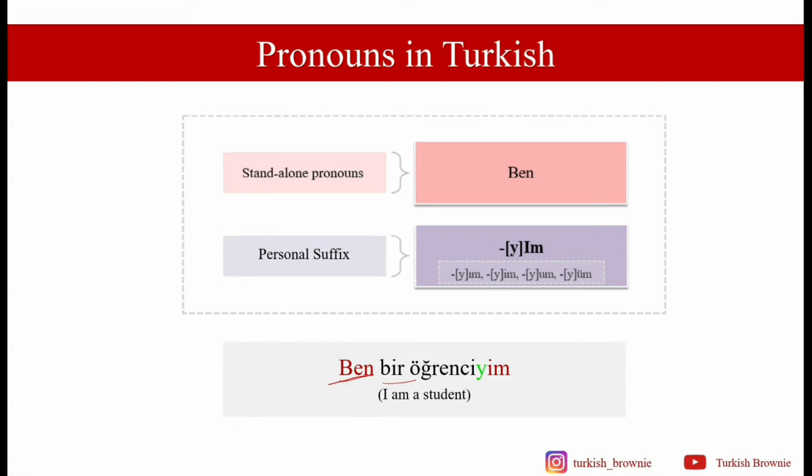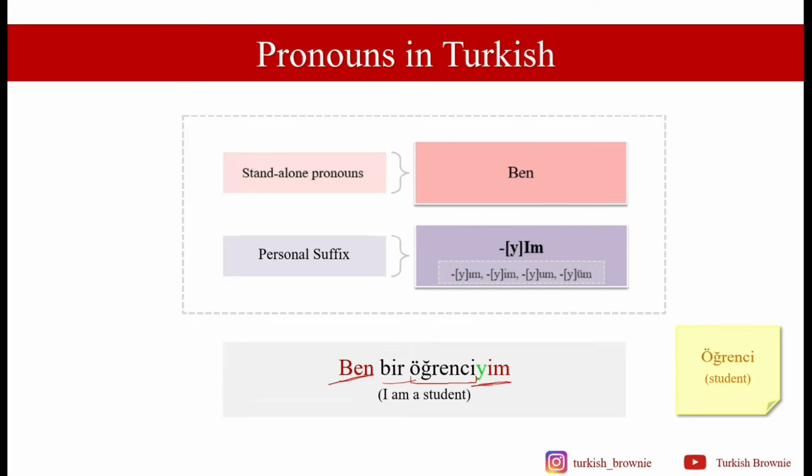And the word öğrenci here, this part, it means a student. Now in Turkish, you add these personal suffixes in the sentence as well. So when you want to say I'm a student, you say ben bir öğrenciyim. We're going to look at these standalone pronouns and these personal suffixes in more detail later in this lesson.